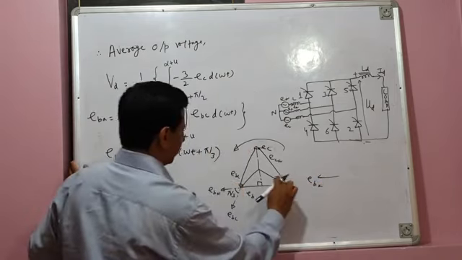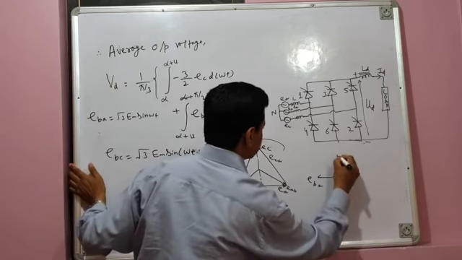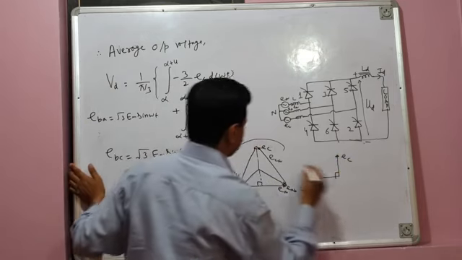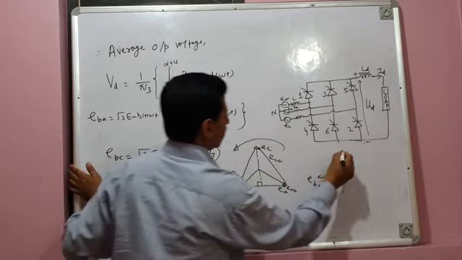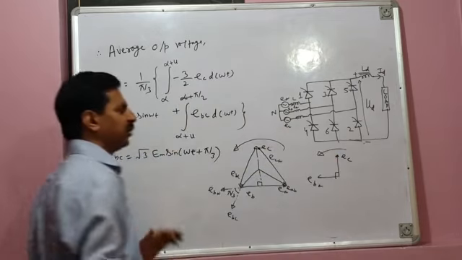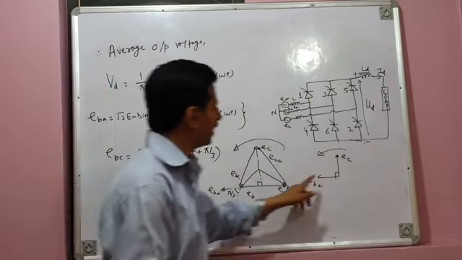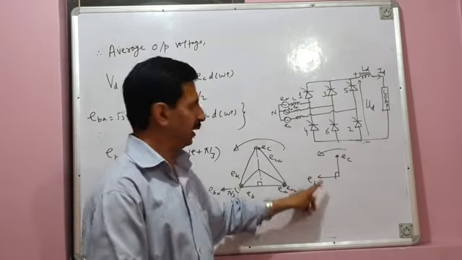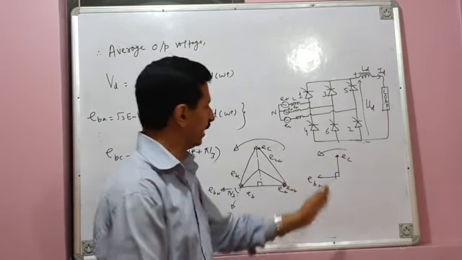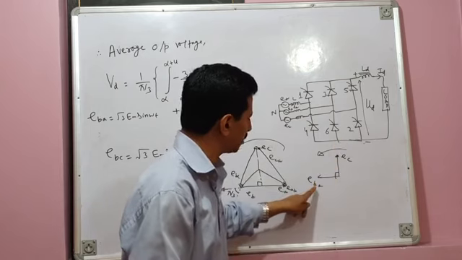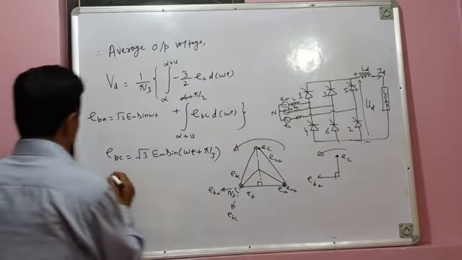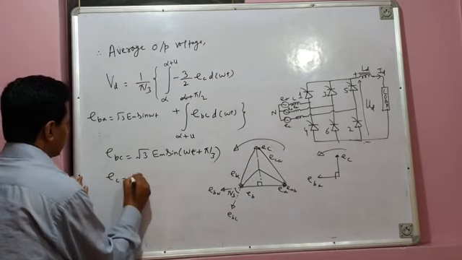If I draw it separately, this is the EBA phasor, and this is your EC phasor, and the phasors are moving in the counterclockwise direction. So that means EBA leads EC by 90 degrees, or in other words, phase voltage EC lags behind EBA by 90 degrees.